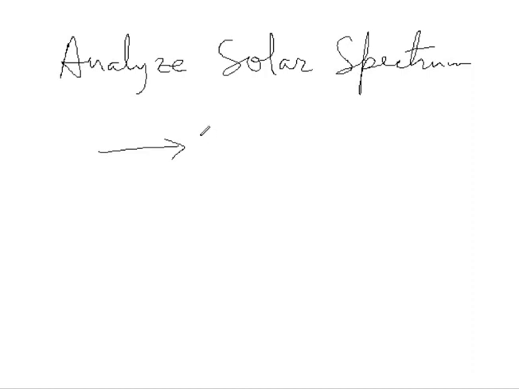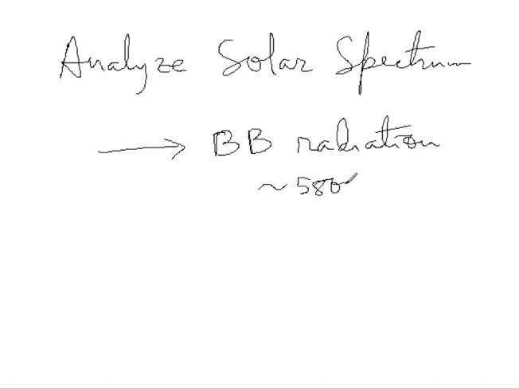One is the overall broad features, which quite resemble a black body, and basically we are getting black body radiation at temperatures around 5800 degree Kelvin. And the second thing was absorption lines.